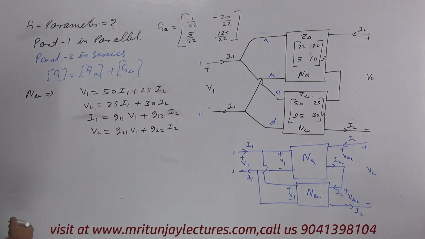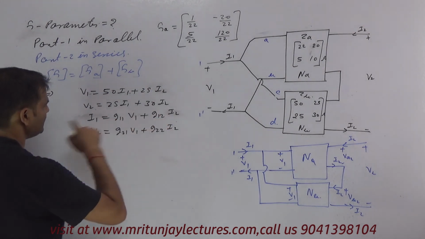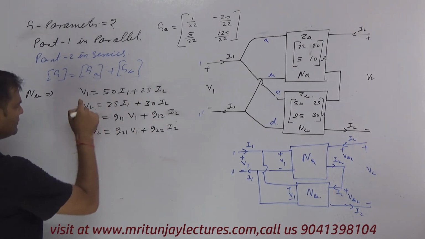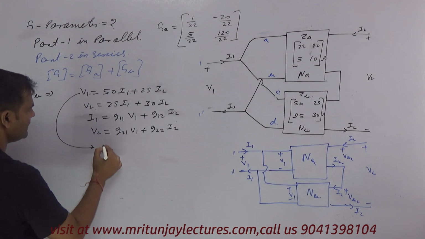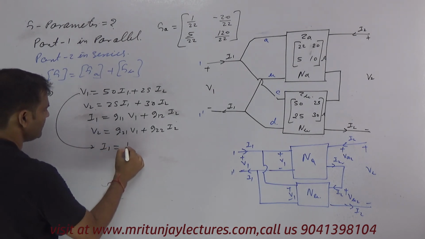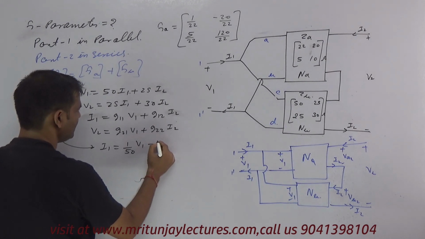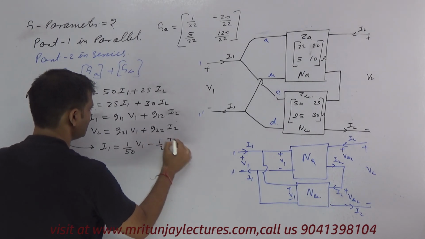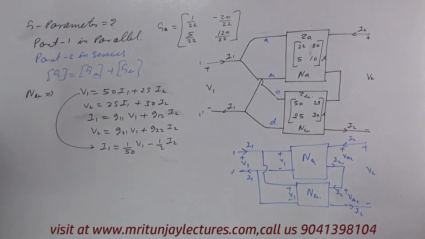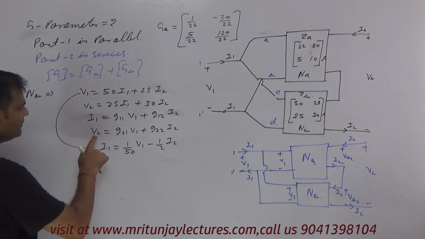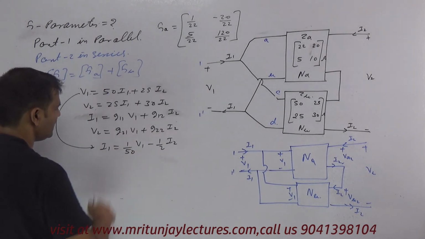So first of all convert I1 in terms of V1 and I2. So first of all, this one is converted. I1 is written as 1 by 50 V1 minus 1 by 25 by 50, means 1 by 2 I2. Okay. Now another way, V2 in terms of V1 and I2.